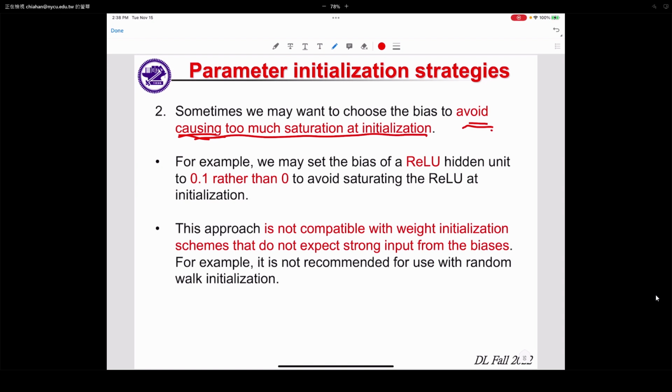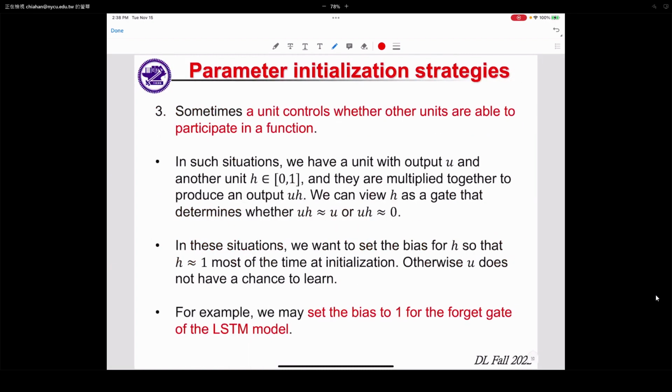Here we want to choose a bias to avoid too much saturation. Say, set the hidden unit bias value to 0.1 instead of 0 to avoid saturating the unit at the beginning. The third problem is that the bias controls whether our units are able to participate in a function. So in the third scenario you probably don't want to set the bias to 0, because if you want to activate a unit, the bias controls that.